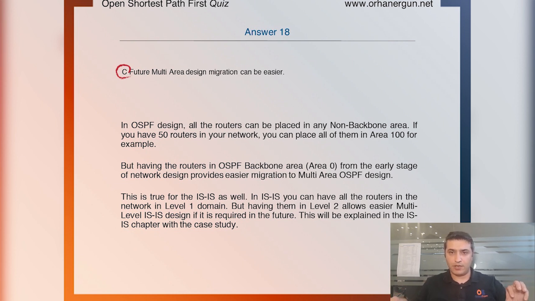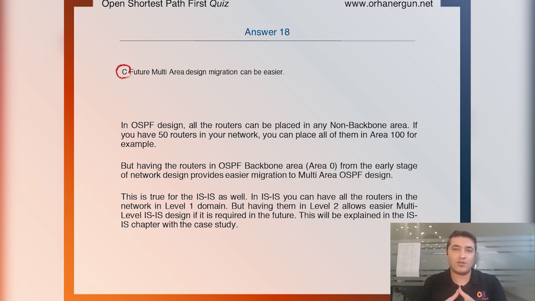You can convert the edge router links towards the core, towards the backbone, to non-backbone areas 10, 20, and between the core routers you will have just area 0. You don't need to touch them.